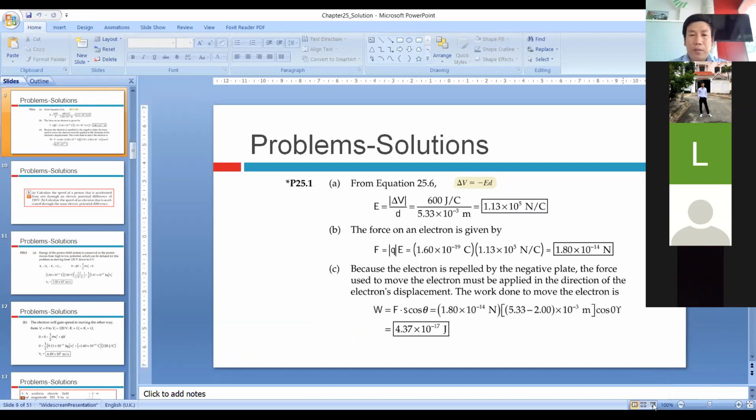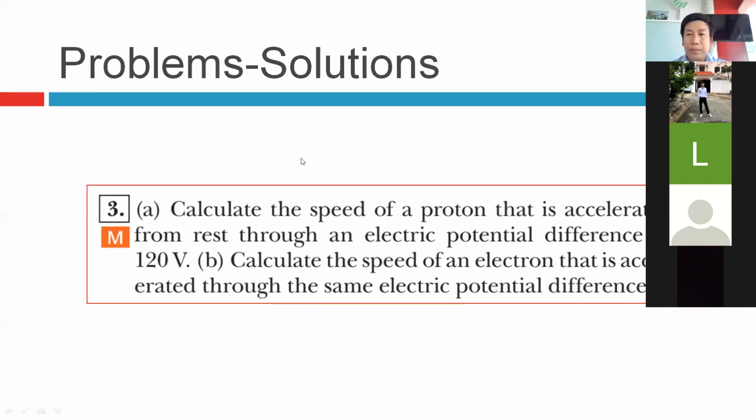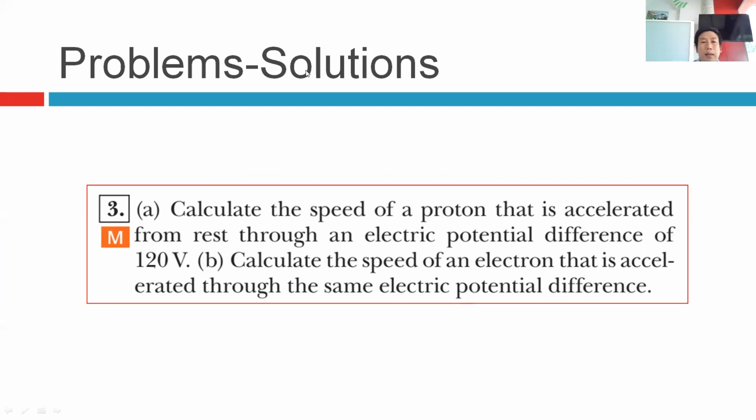If you don't have any questions relating to this problem, I will move to the next problem. In this problem, they ask you to calculate the speed of a proton that is separated from the rest, it means from where the velocity is 0.